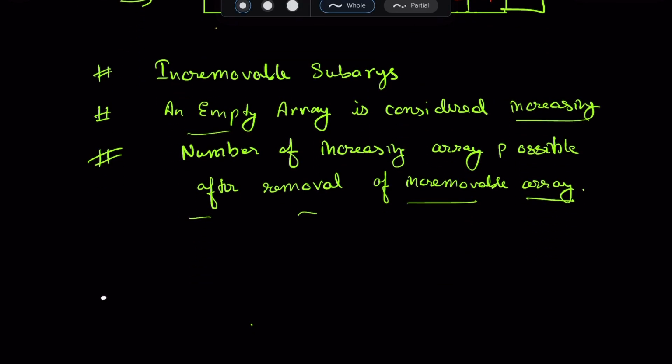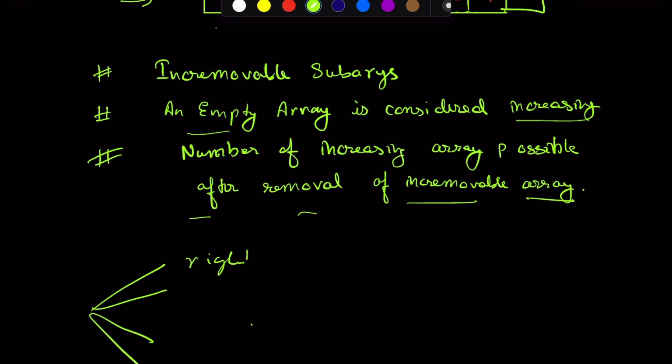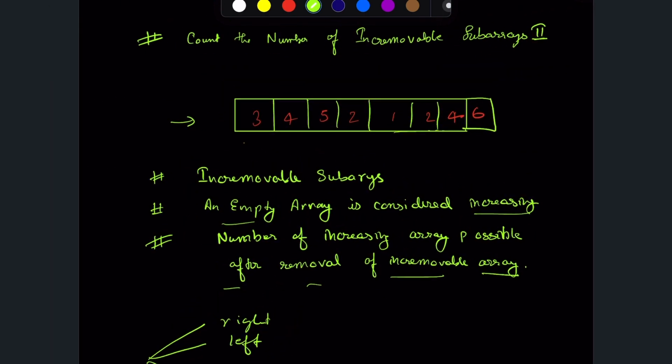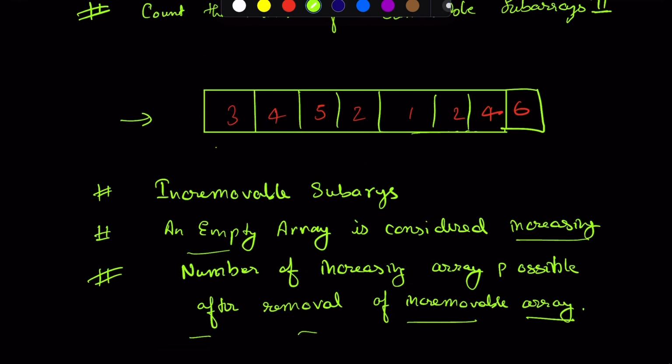So what all possible cases have arrived? One is when we remove from the right, then left, then middle, and if we remove all the elements in the array. So we have to check for that case. Now let's assume that we have removed these 3 elements from the right.